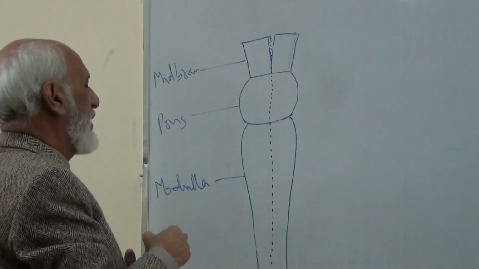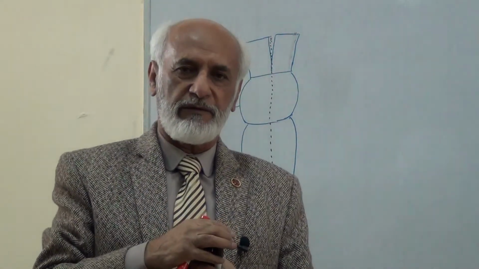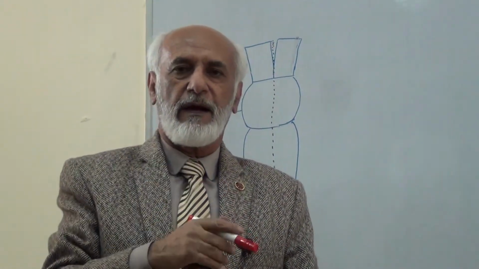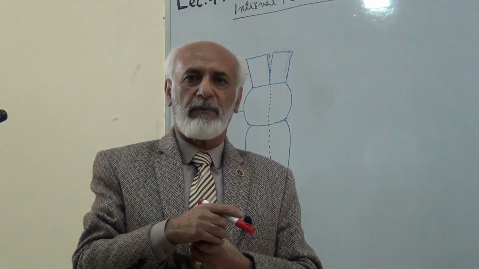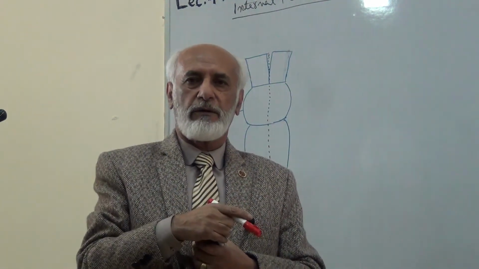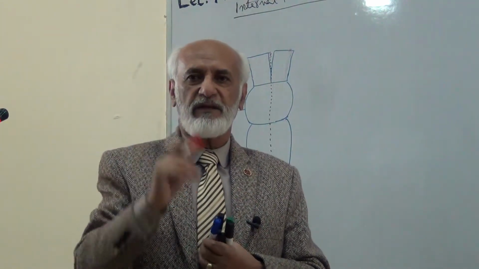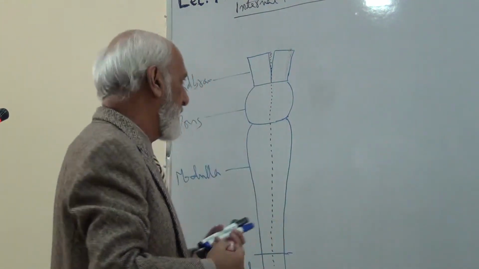Now, the sensory nucleus of the trigeminal nerve. It is an elongated nucleus which starts at the upper end of the midbrain and continues to descend through the pons, medulla oblongata, and even the upper 2 or 3 segments of the spinal cord.